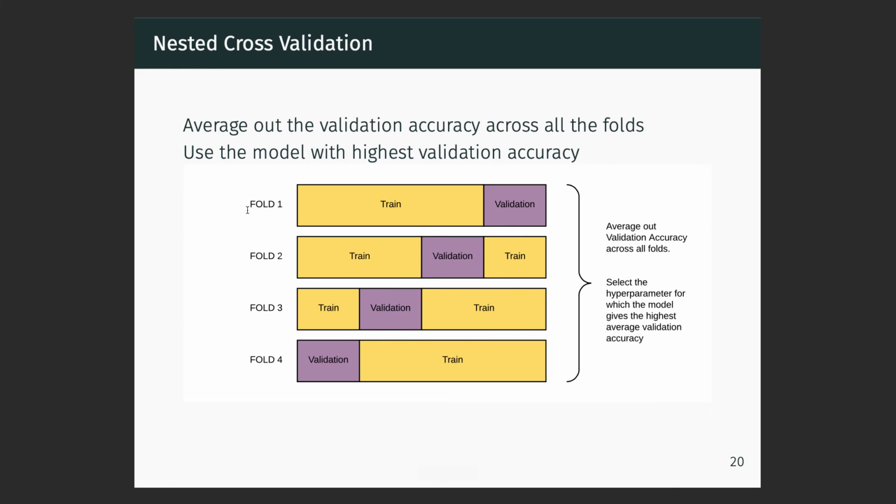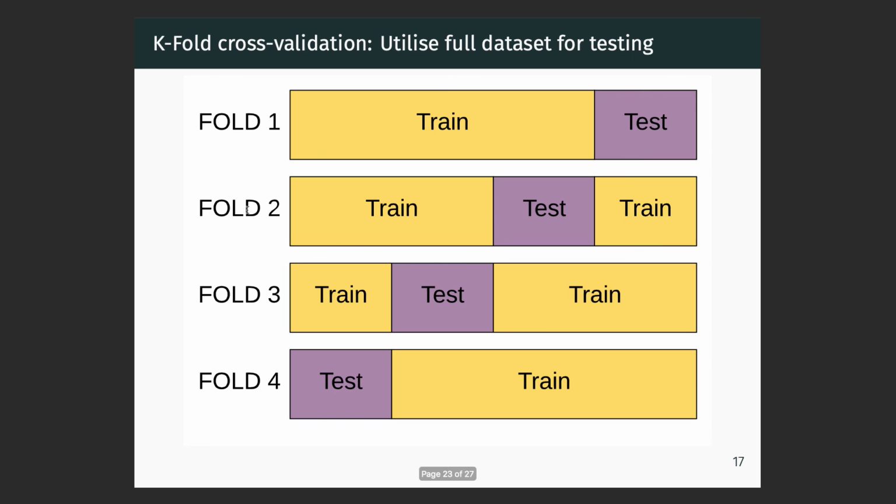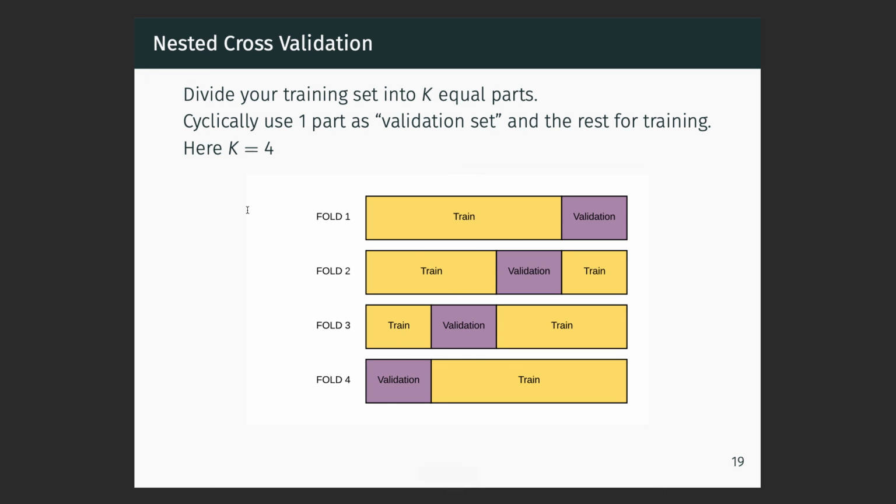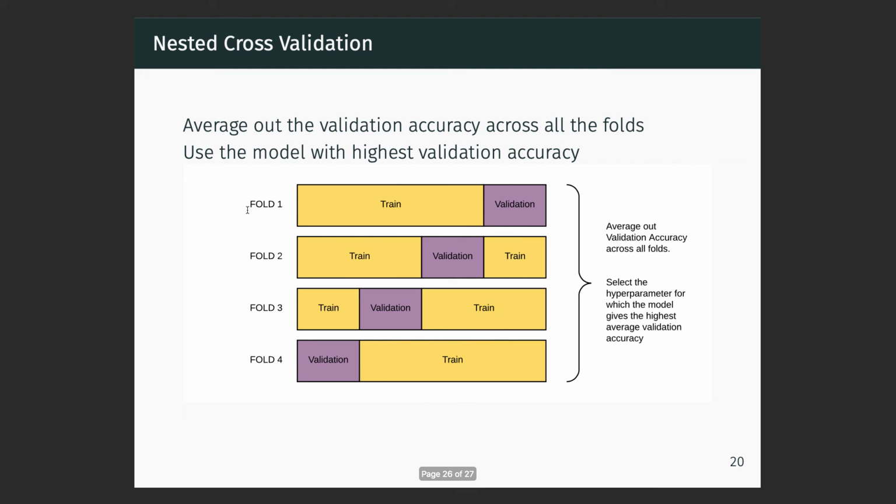And then how do you choose the best hyperparameter? All of this is, think of it as done for one fold. All of this is done for the first row, right? The first row you have train and test. Now that train is divided into multiple folds again. Across these different folds, you'll have different accuracies for the different sets of parameters and hyperparameters on validation sets.